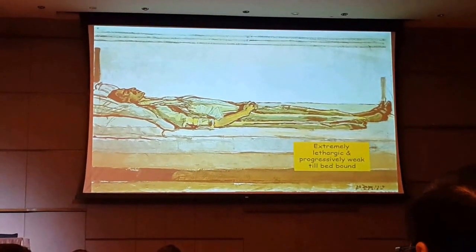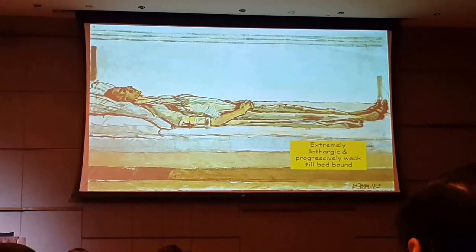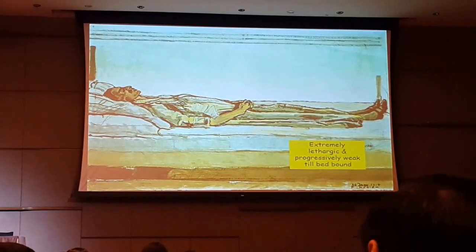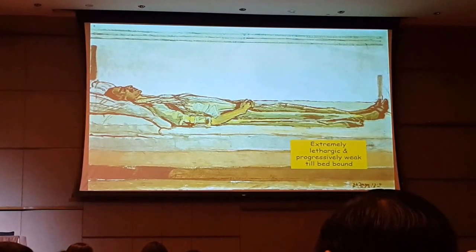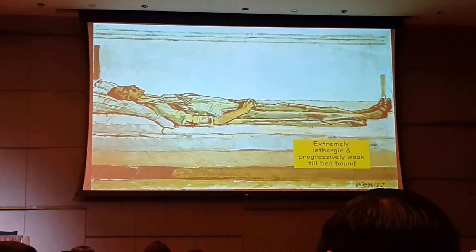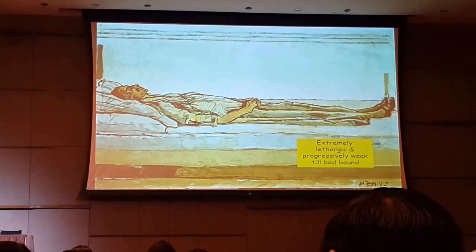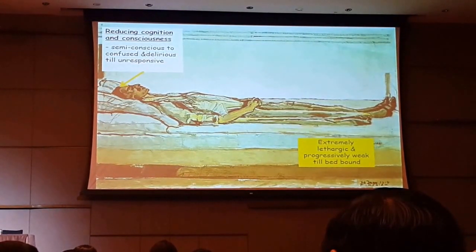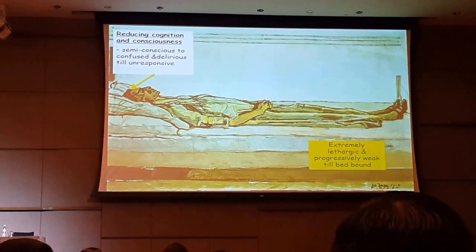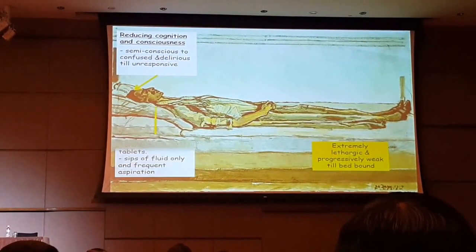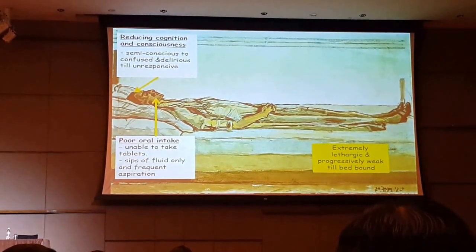Often, as you know, patients who are deteriorating become extremely weak, lethargic, and they get progressively weak until they're bedbound. And I think if you're following up a patient, you would recognize this. They also get reducing cognition and consciousness. They get semi-conscious, confused, delirious, and then finally they become unresponsive. Their oral intake starts to decline.